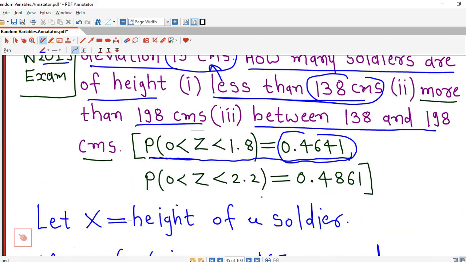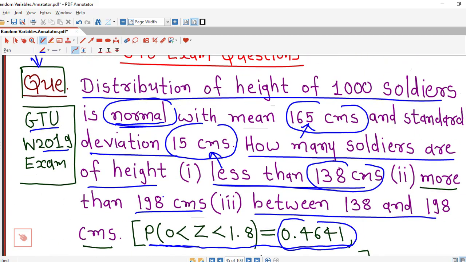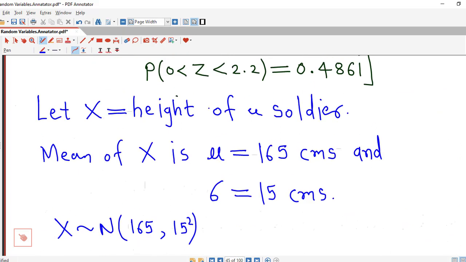Now we move towards the second part. In the second part we are asked the probability that height is more than 198 centimeters, and we are given the probability that z lies between 0 and 2.2.